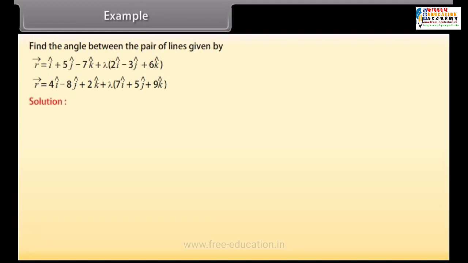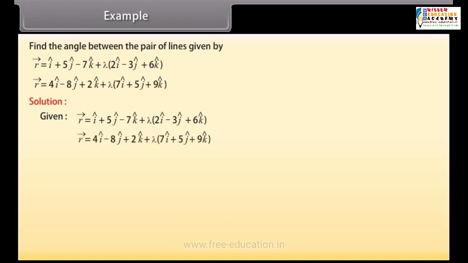Solution. Given vector r equals cap i plus 5 cap j minus 7 cap k plus lambda (2 cap i minus 3 cap j plus 6 cap k), and vector r equals 4 cap i minus 8 cap j plus 2 cap k plus mu (7 cap i plus 5 cap j plus 9 cap k).